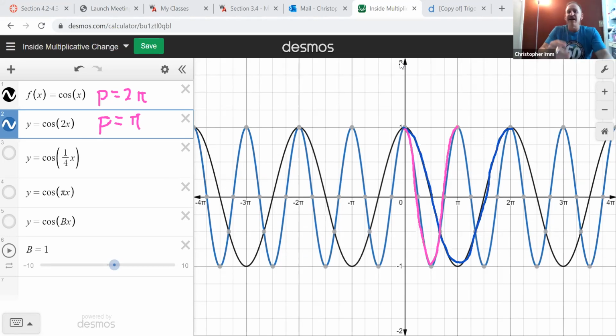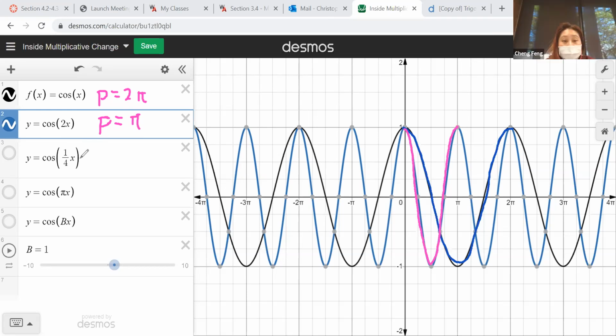So now if I plug in something like 2 pi to the first graph, the black graph, it's going to be the same thing if I plug in for y is equal to cosine of 1/4 x. When will I get cosine of 2 pi? I'll have to plug in what?